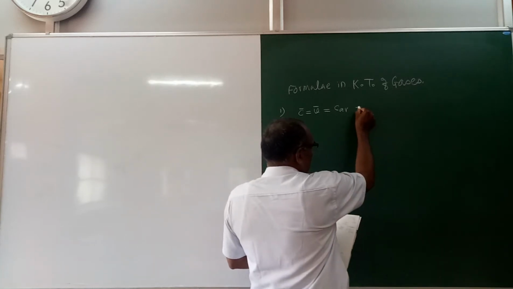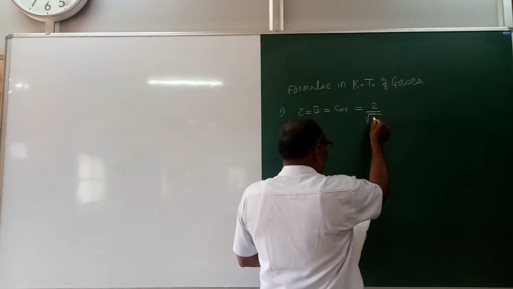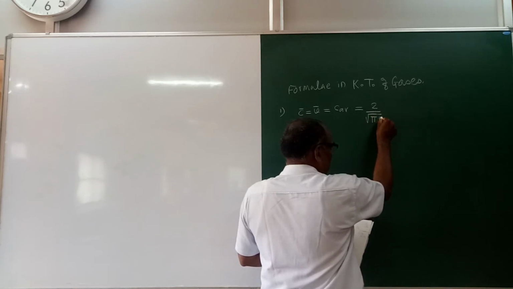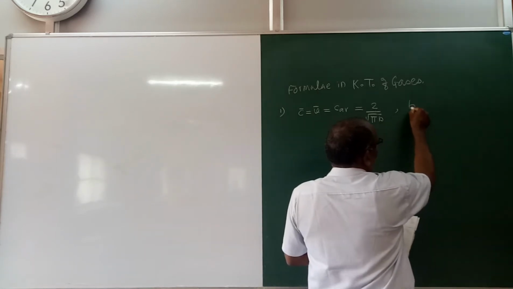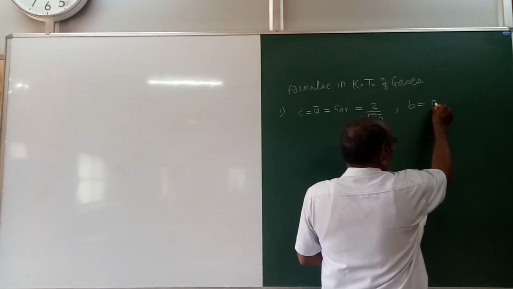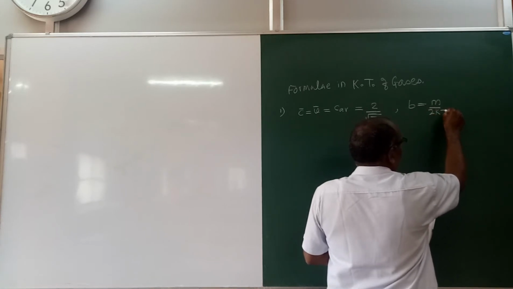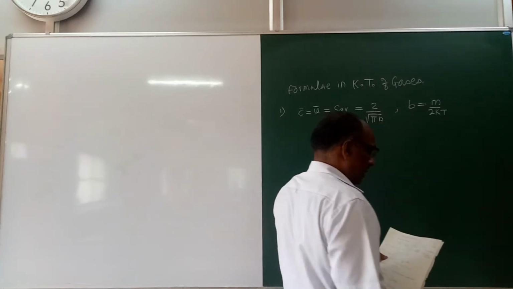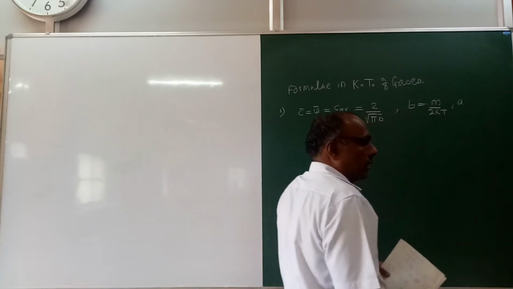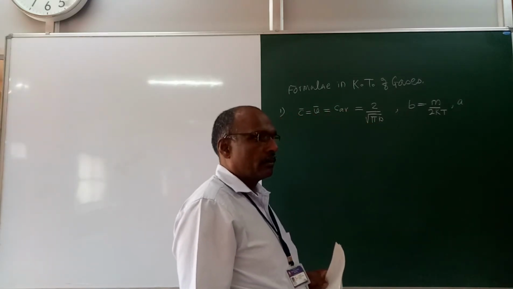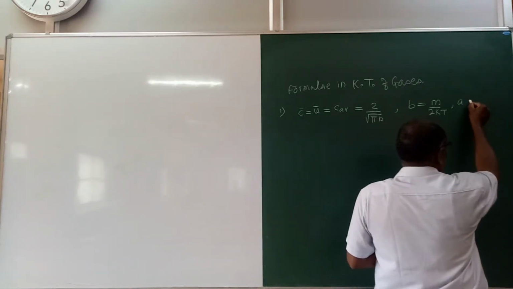This C bar is given by 2 upon square root of pi B, where B is a constant, and the constant B is m upon 2kT. A is also a constant in the velocity distribution law.